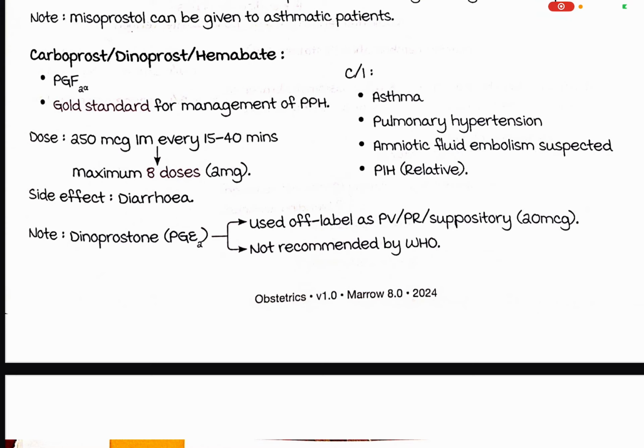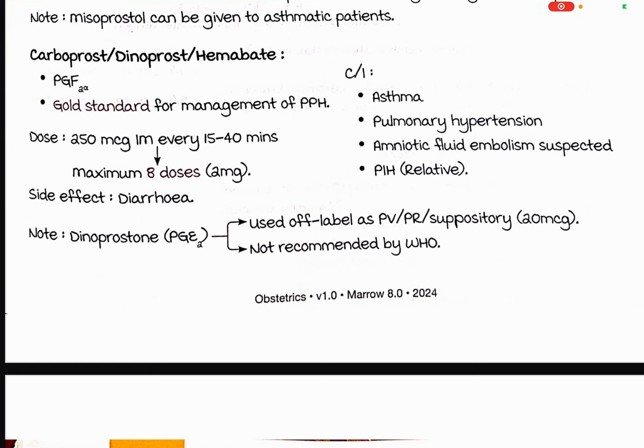Carboprost, dinoprost, Hemabate: PGF2 alpha. The gold standard PGF2 alpha for management of postpartum hemorrhage is carboprost. Dose 250 microgram IM every 15 to 40 minutes, maximum 8 doses, 2 mg. Side effect: diarrhea.